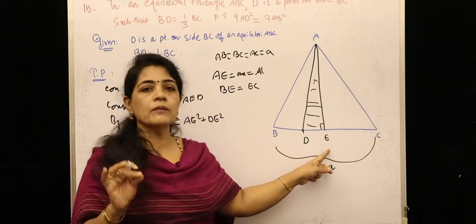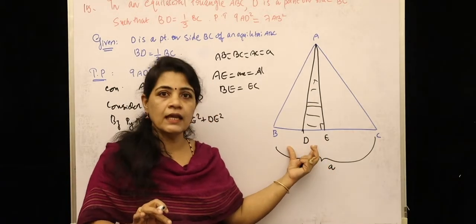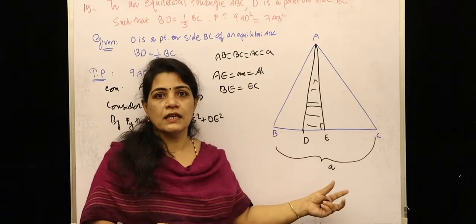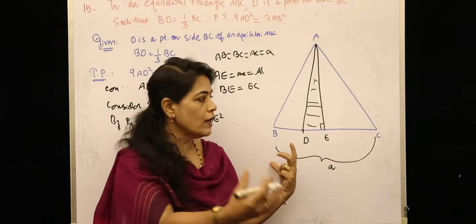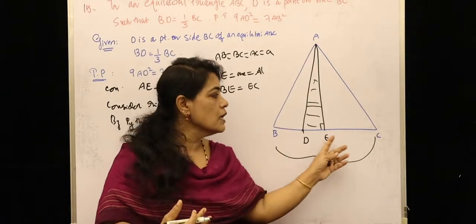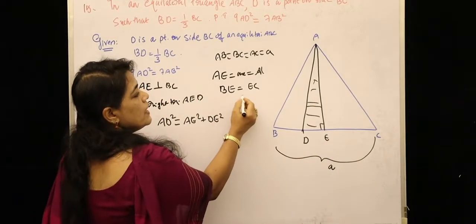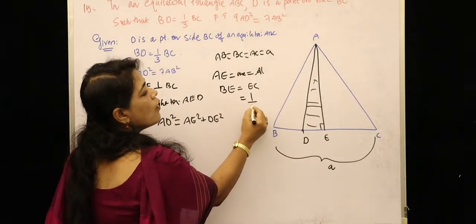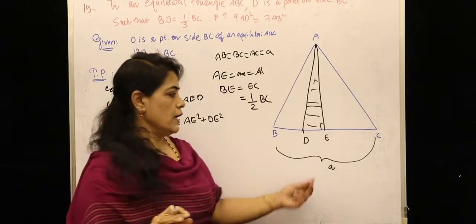Since E is the midpoint, we can write BE as half of BC. The whole length and its half part is BE, another half is EC, being E the midpoint. So BE equal to half of BC. Point is clear?